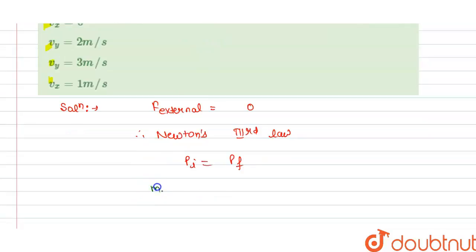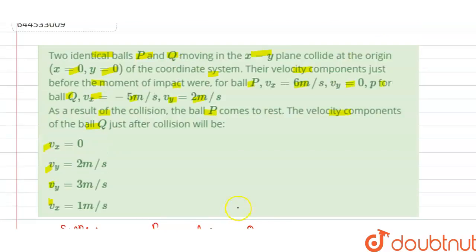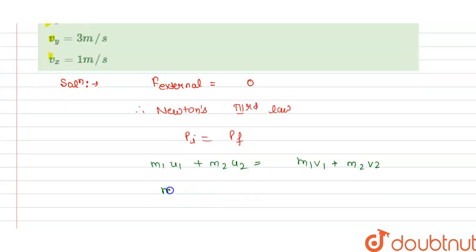So initial momentum is m1 u1 plus m2 u2, and this is m1 v1 plus m2 v2, and we have identical balls. So we can write here mass m times u1 plus u2, and if we take mass common, this is v1 plus v2. So this and this will cancel out here.